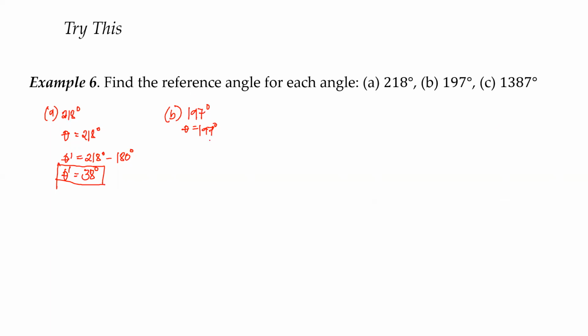So we will start our measurement from the negative x-axis, or at the 180-degree mark. So theta prime is equal to 197 minus 180, which is 17 degrees.